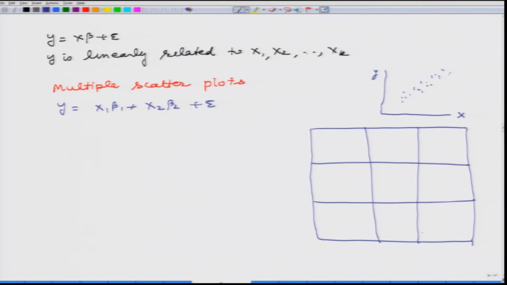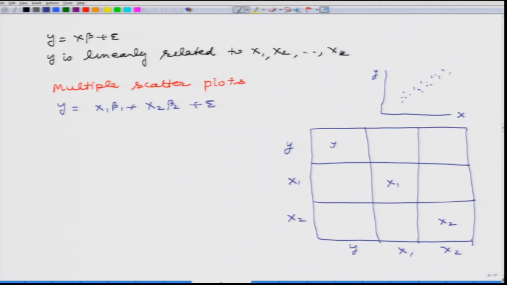This will be a sort of 3 by 3 diagram in which we plot y, x1, x2 here and y, x1, x2 here. So, in this section there will be a picture between y and y, so there is no question of considering this graphic. Similarly, here the graphic is going to be between x1 and x1, which has no meaning, and similarly here the graphic is going to be between x2 and x2, which has no meaning.